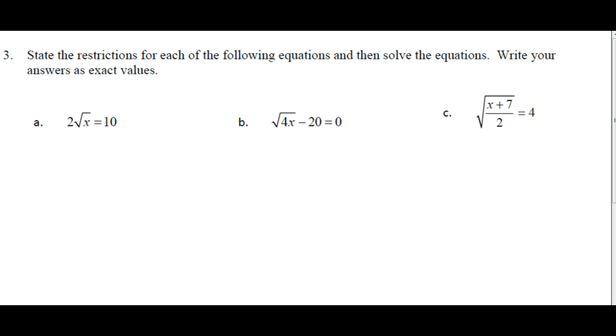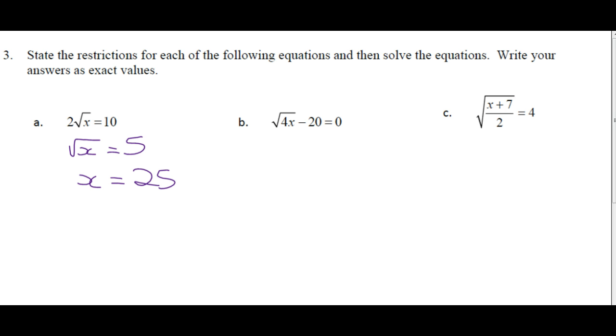So the idea is to isolate the radical. Then what do we do? Square both sides. When I square the square root of x, what do I get? x. And when I square 5, what do I get? 25.